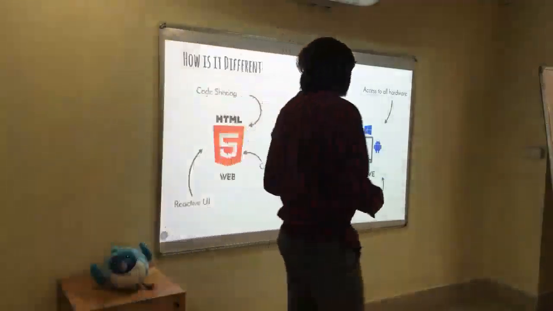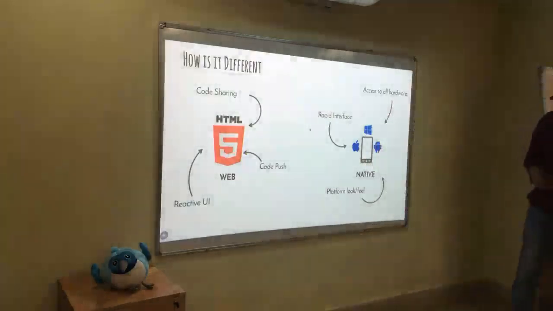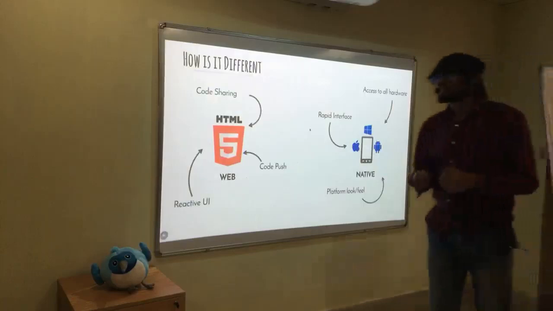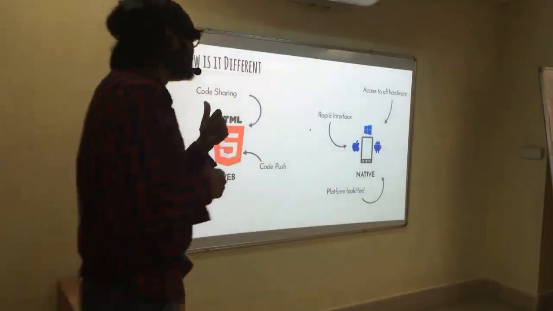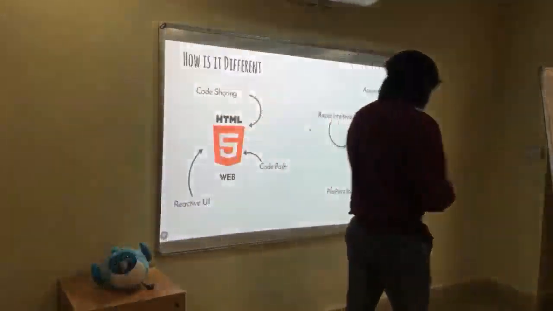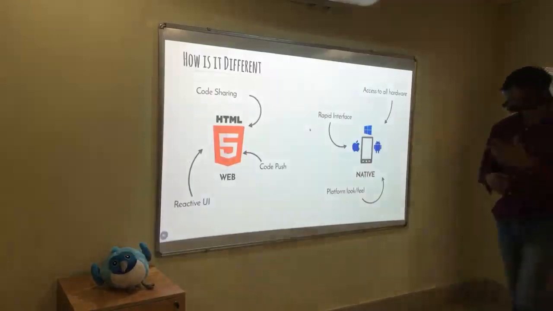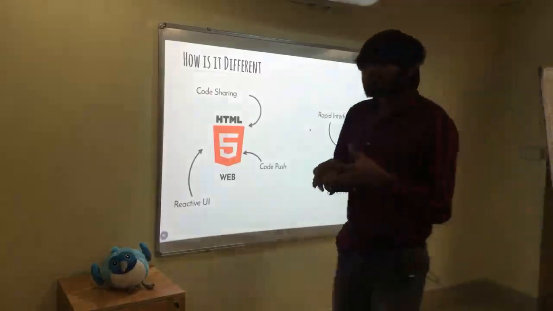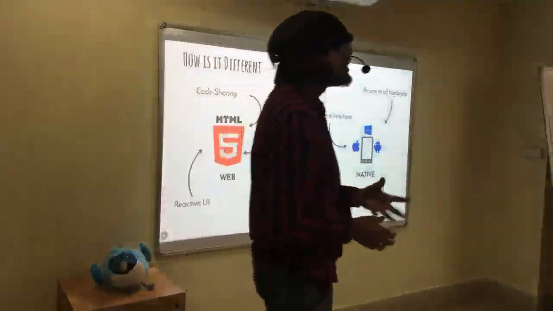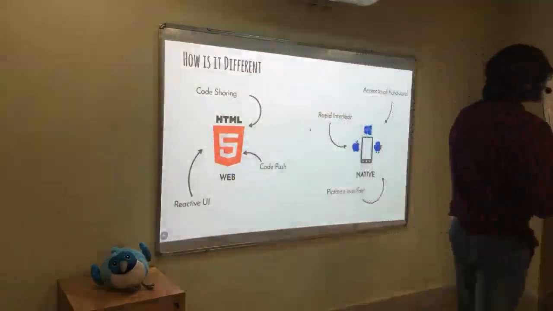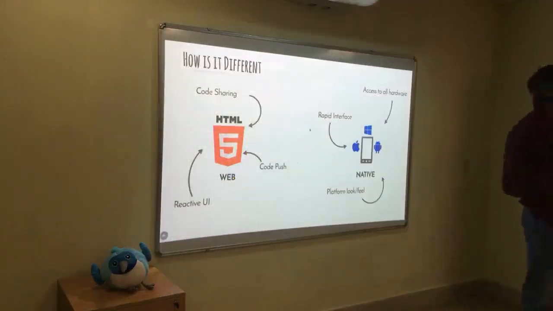For the native part, you have a rapid interface, around 60 FPS. You can browse and change your screens. The framework works at 60 frames per second. You have access to all hardware. For the web, you can merge your Android SDK or iOS SDK together, and you can develop your web for Chrome. Alright, you've heard of Chrome, Mozilla Firefox and all.